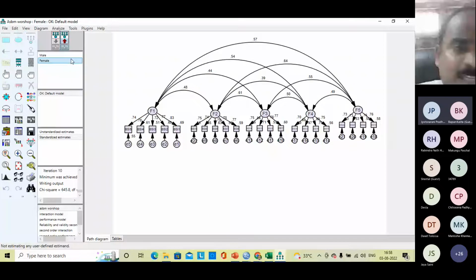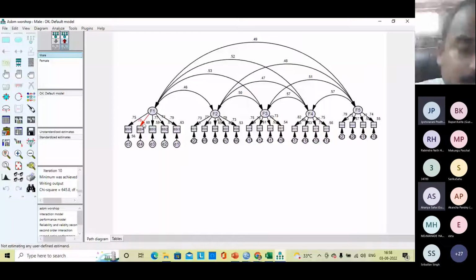The same way, BSI 4 is measuring F1 by 0.78 for the male, the red highlighted arrow and the assigned indicator, and for the female also 0.78.